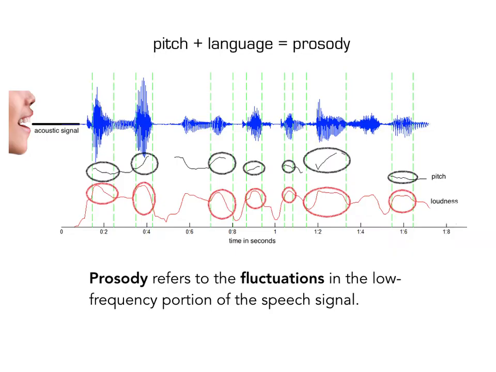Prosody refers to the fluctuations in the low frequency portion of the speech signal. The role of prosody is really for conveying emotion. It's going to be what you can say about a conversation that you're hearing through a door. It'll be muffled, but you're going to understand whether or not it's an argument or whether or not two people are maybe flirting with each other.